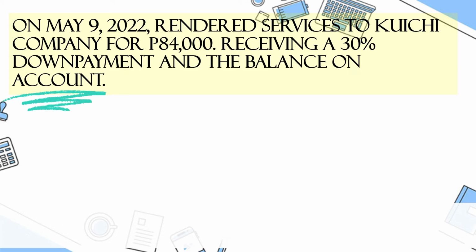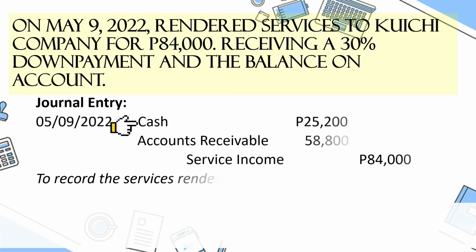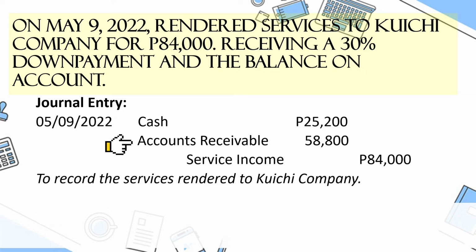To record this transaction, the accounts involved are the following. The cash account pertains to the 30% down payment, and the accounts receivable is what we will collect in the future, which is the 70% of our invoice amount. Since we rendered service to Koichi, there is a credit to service income amounting to 84,000.